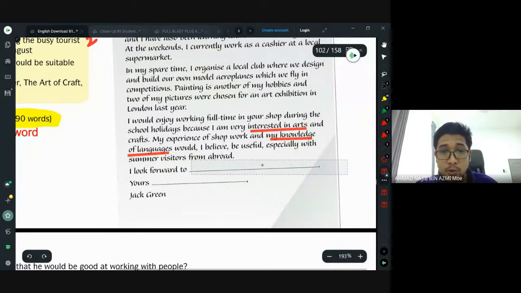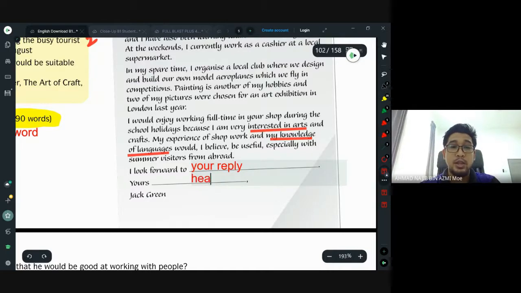I look forward to what? Take a look at the language bank. Kat sebelah. For your reply. Yes, I look forward to your reply. Or you could say, I look forward to hearing from you.